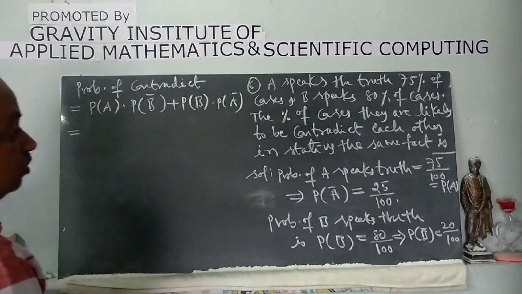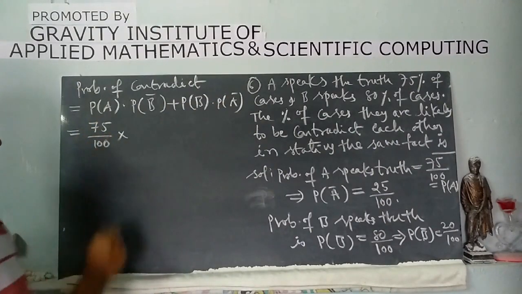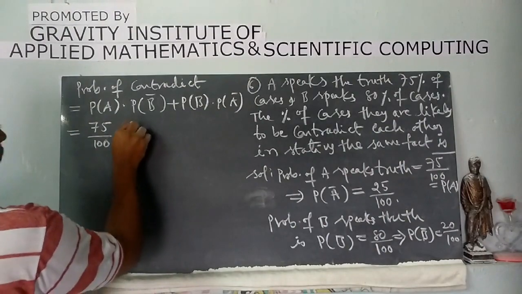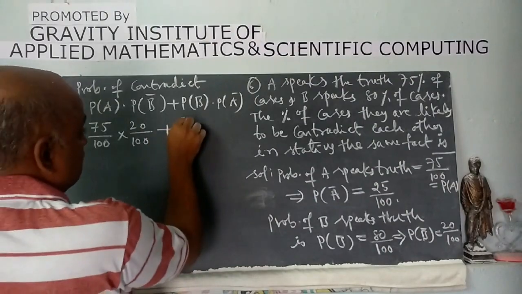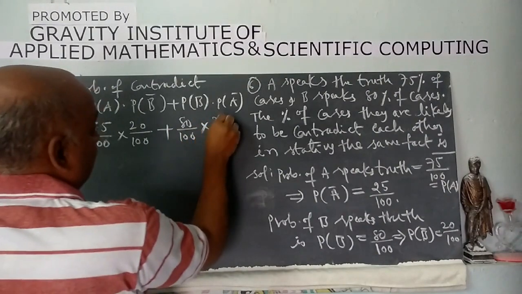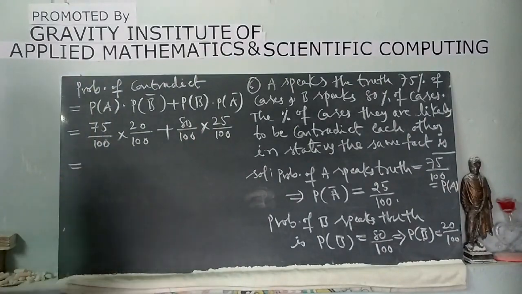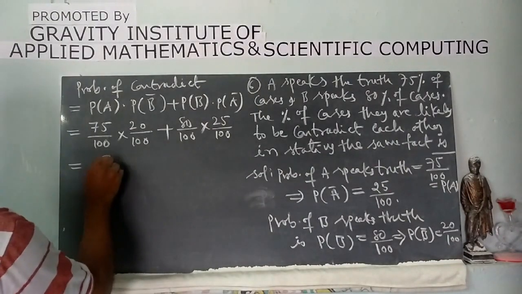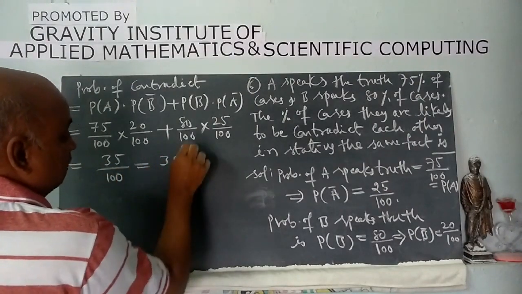So this is equal to P of A, which is 75 by 100, P of B bar, which is 20 by 100, plus P of B, 80 by 100, and P of A bar, 25 by 100. So this is equal to 35 by 100, which in percentage is 35%.